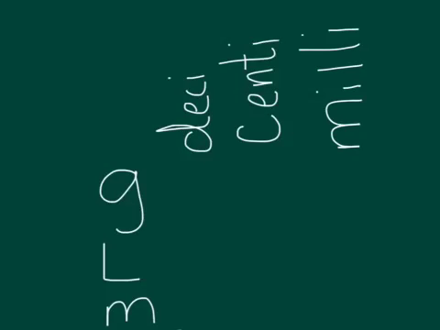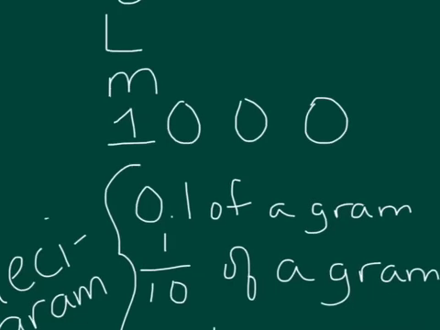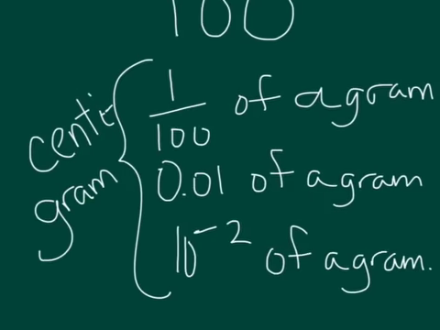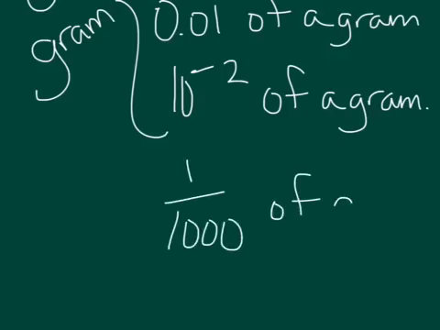So for milli, if we're talking about grams, milli stands for 1,000. So there are 1,000 milligrams in a gram. So if we slide down here beyond deci and beyond centi, and we talk just about milli, milli then is 1/1000th of a gram. A milligram is 1/1000th of a gram.